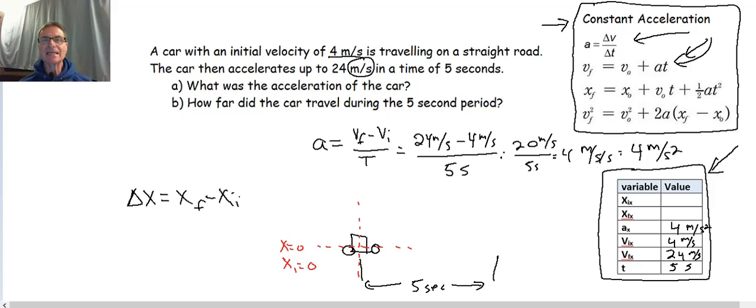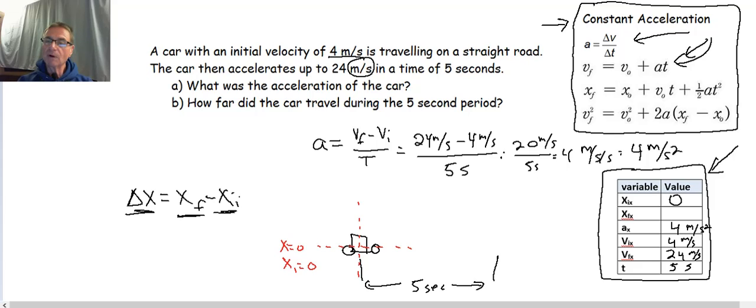And I will almost always choose to do that unless the problem states otherwise, unless the problem says that my initial starting position is, say, at x equals 5 or 10 or 50 or something like that. I can choose x initial equals 0 anytime, and that's perfectly valid. So I'm going to fill in a 0 up here for my x initial position. So if that's the case, then my delta x, my total displacement, simply equals x final, my final position. So it makes the math a little bit easier.